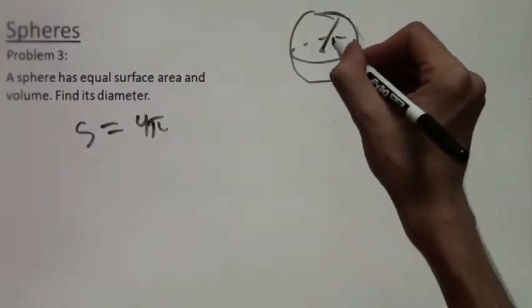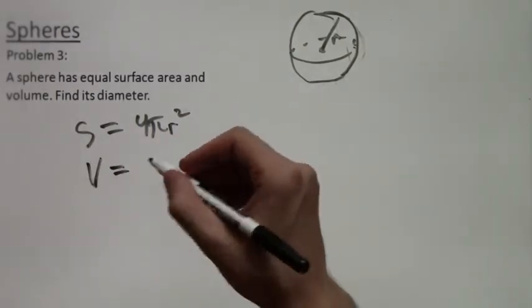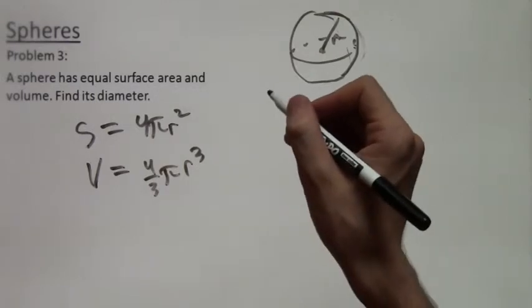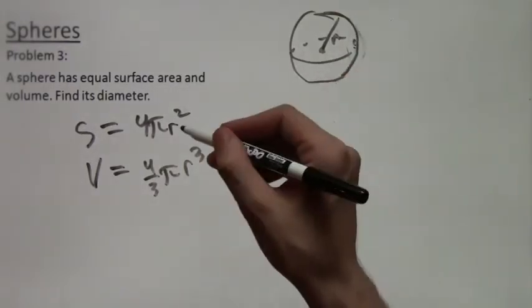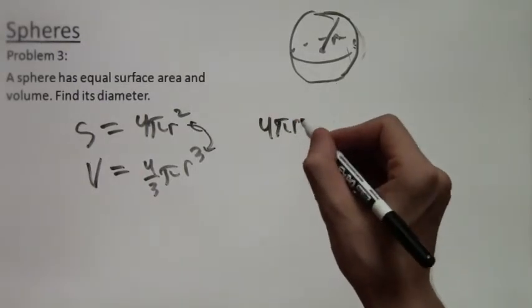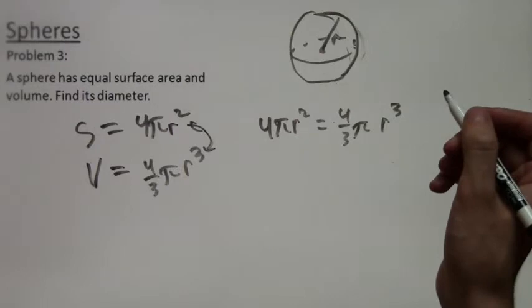And of course, all of these formulas involve S, R, and V. So we have S equals 4 pi r squared, V equals 4/3 pi r cubed. These are just the formulas that we know about. And we know that S equals V, so these two things are equal. In other words, 4 pi r squared equals 4/3 pi r cubed.